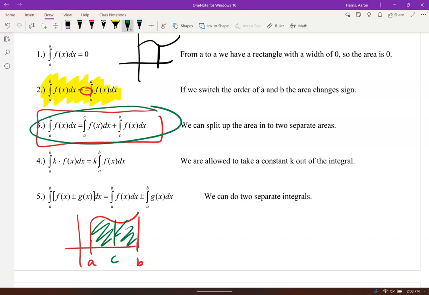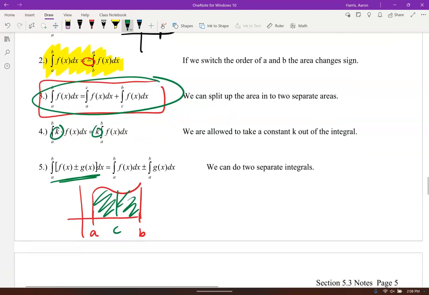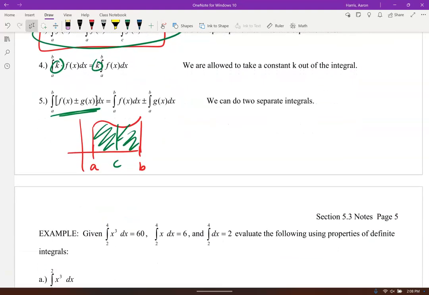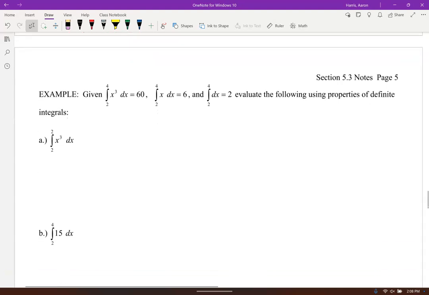You can put that k in front of the integral, right? And finally, that last one, plus minus, you could split those up as well. Okay, so these are all properties that you have. Let's see if we can use some of these properties here.